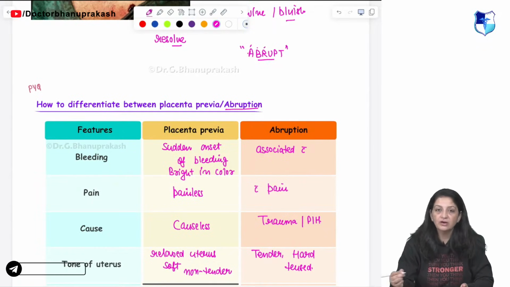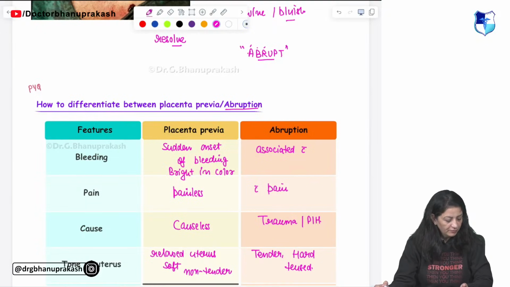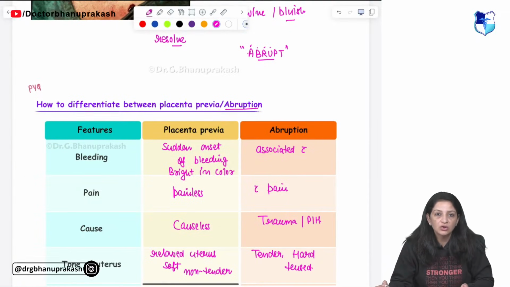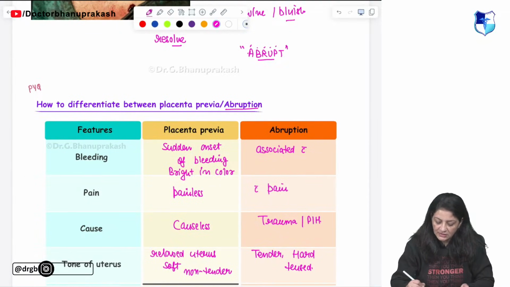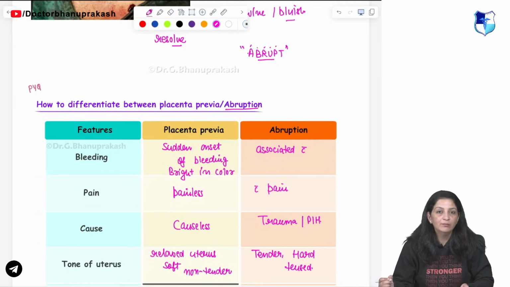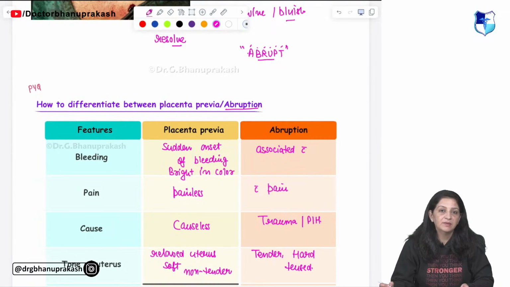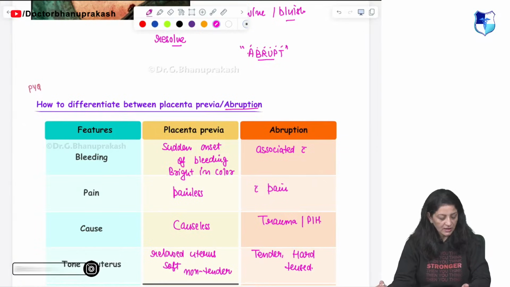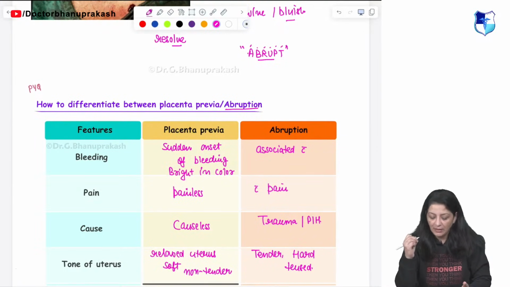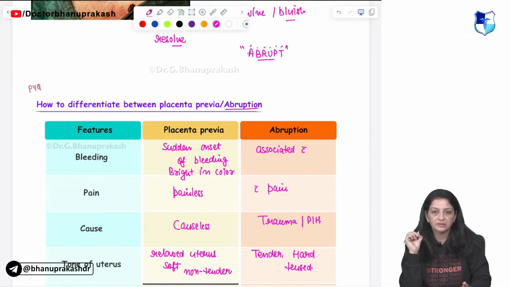R stands for rupture of membranes, premature rupture of membranes. U stands for uterine fibroid, uterine trauma. P stands for twin pregnancy, polyhydramnios. T stands for thalassemia, folic acid deficiency, smoking. Just remember this mnemonic.